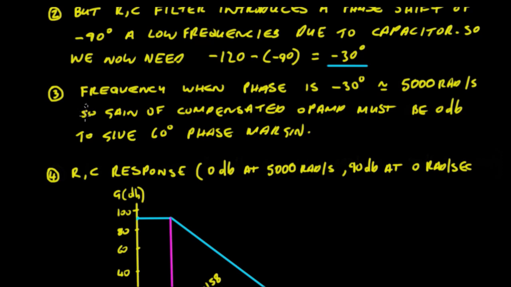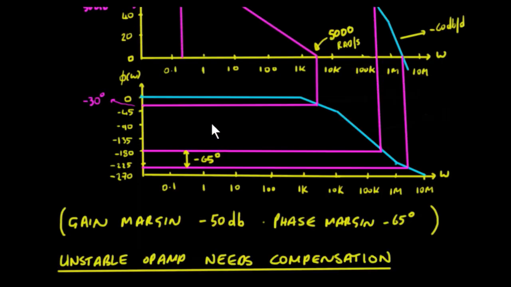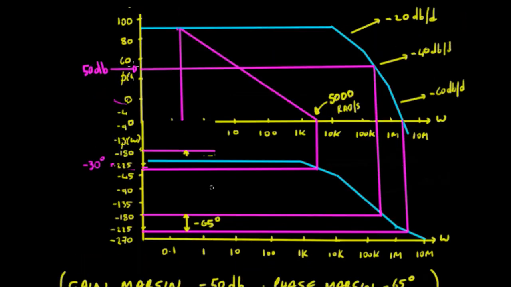So the frequency when the phase is minus 30 degrees is going to be approximately equal to 5000 radians per second, and you can see that there from the previous drawing. I'll bring it up here, so you can see that we have our minus 30 degrees, which is just up about here.